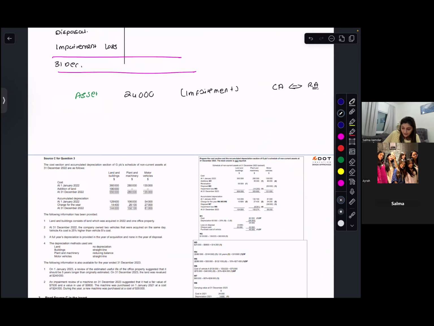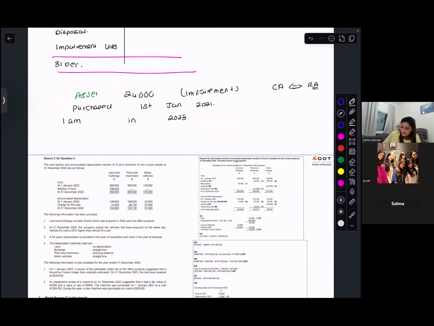This asset was purchased when? In 2021, 1st Jan 2021. And I am in which year? 2023.